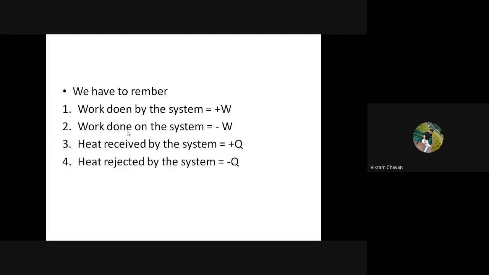Then heat received by the system will be positive Q, or plus Q, positive energy. And heat rejected by the system will be equal to negative energy, that is minus Q. Heat rejected by the system will be considered as minus Q.